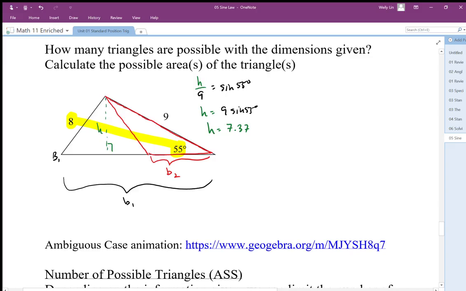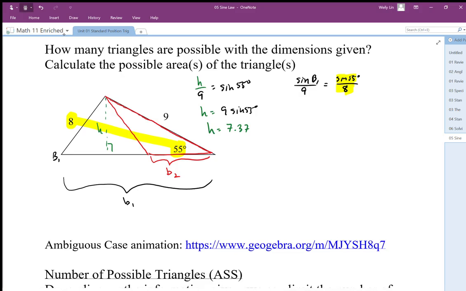I'm going to solve first for angle B1. Sine of B1 over the opposite side 9 is equal to sine of 55 degrees over the opposite side of 8. That's the known pairing that I have.